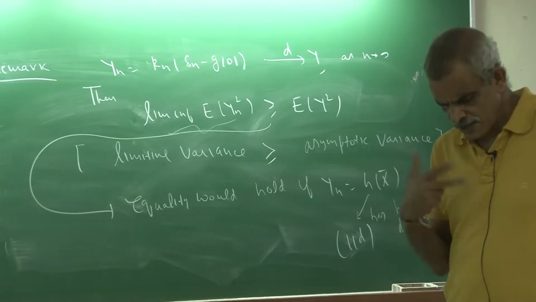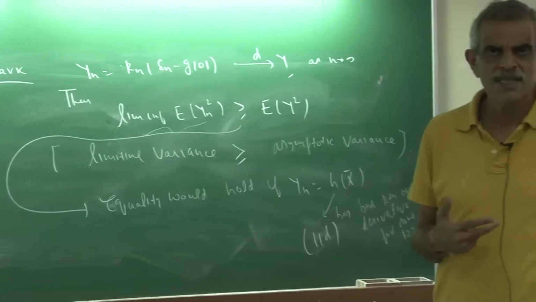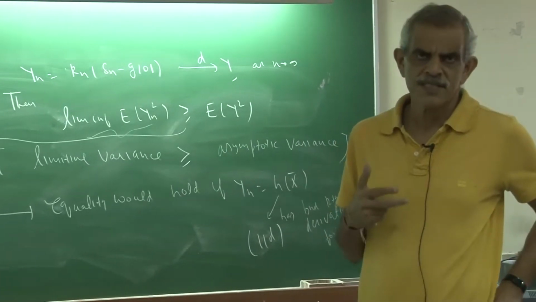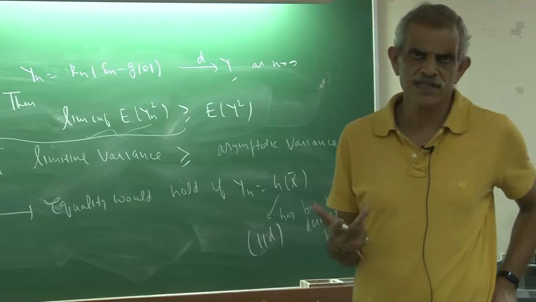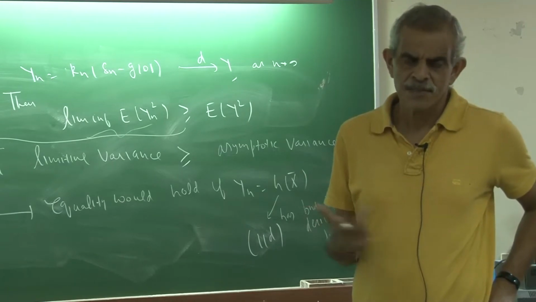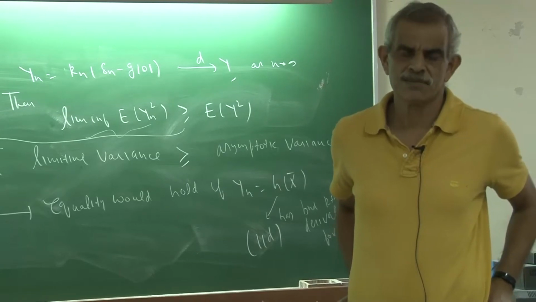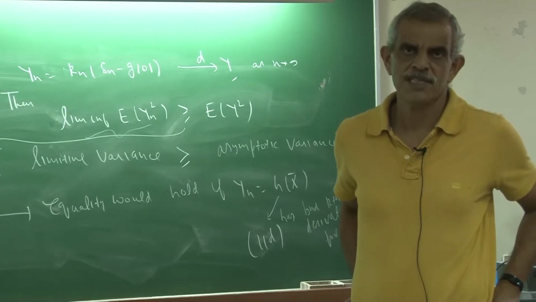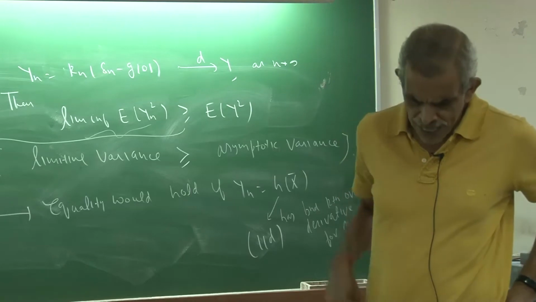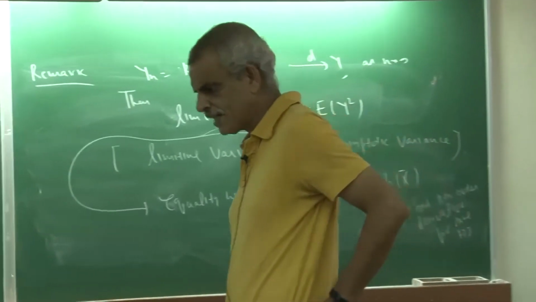First is in terms of rate of convergence. The one for which the rate is going to 0 at a much faster rate should be preferred. But for the estimators which have the same rate of convergence, the one having the smaller asymptotic variance may be preferred. So that we'll discuss in the next lecture.